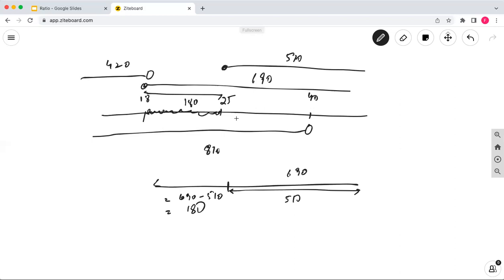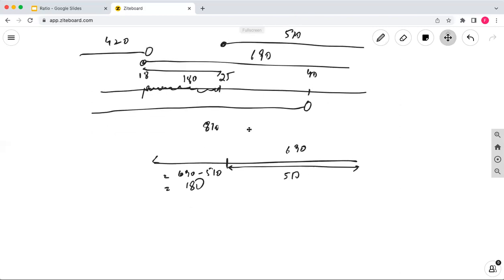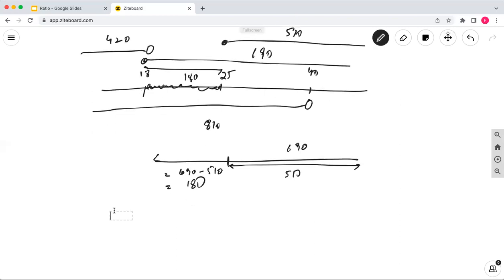Now the next part is greater than or equal to 25 and less than 40. How can we find this now? We know this whole value is 810. If we subtract this value and this value, we will come up with this value. That means 810 minus 420 minus 180, the value we found right now.